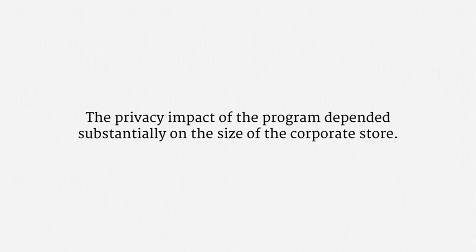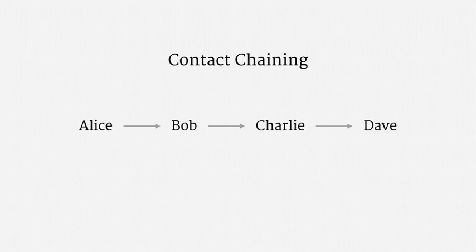And the size of the corporate store, in turn, depended substantially on the NSA's so-called contact chaining procedure. Let me explain how that worked. Suppose Alice emailed Bob, who emailed Charlie, who emailed Dave. And imagine that Alice is a target in the metadata surveillance program.